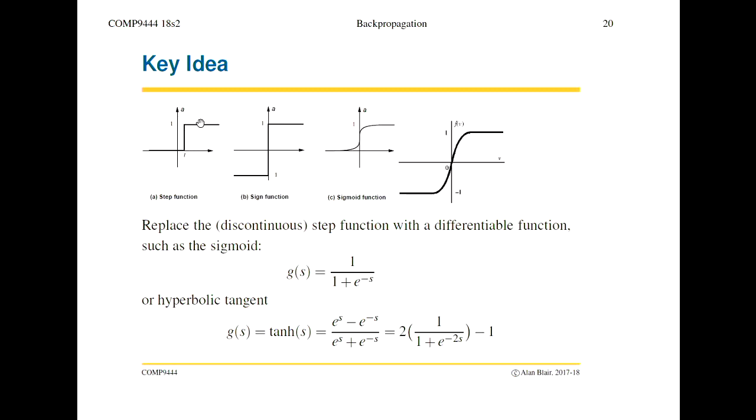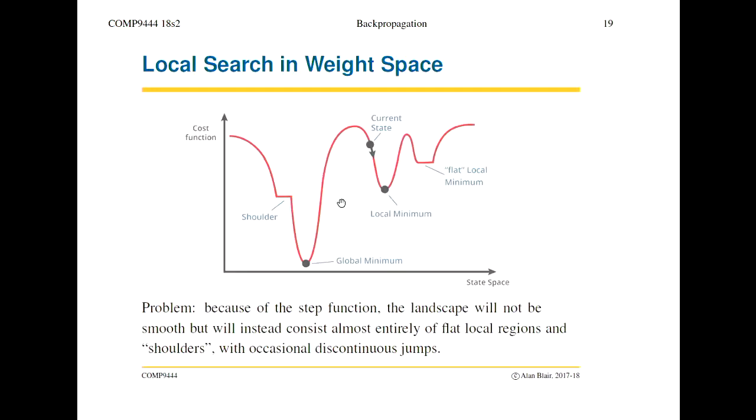With a discontinuous transfer function, we wouldn't get smooth changes, we'd get abrupt changes like what's shown here. For certain weights the error would be 1, then at some point it would suddenly drop to 0, and at another point it might suddenly jump up to 2. So it would be a sort of staircase thing.